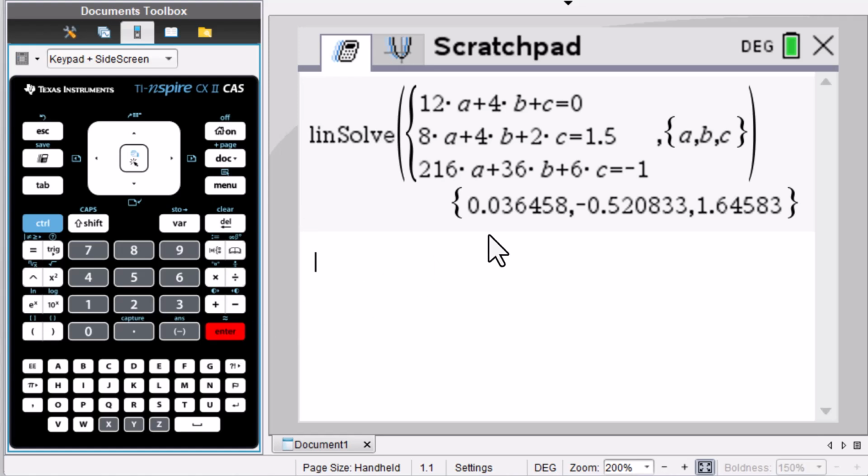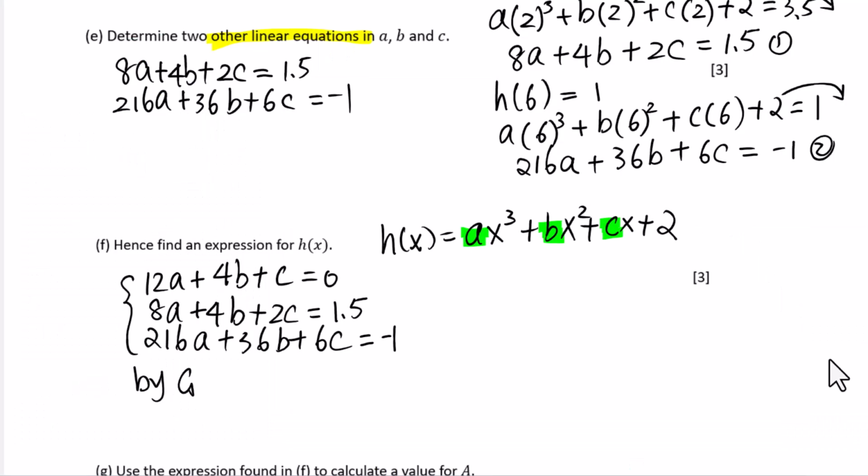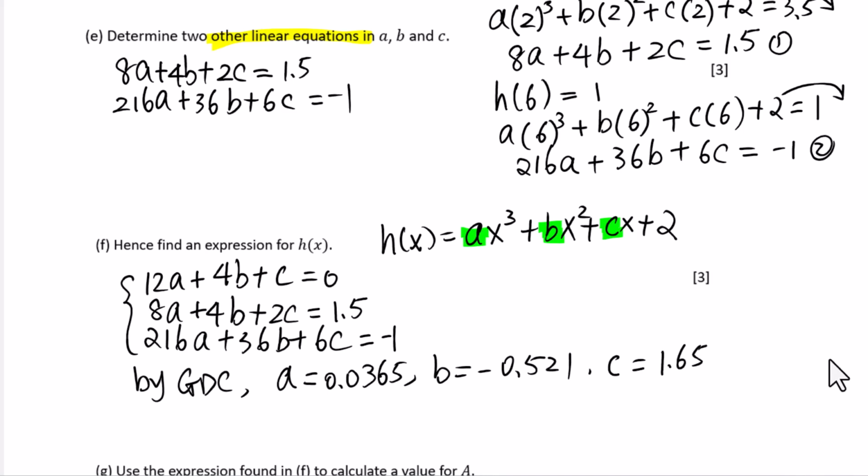Enter. a equals 0.0365, b equals -0.521, c equals 1.65. By GDC, a equals 0.0365, b equals -0.521, c equals 1.65.